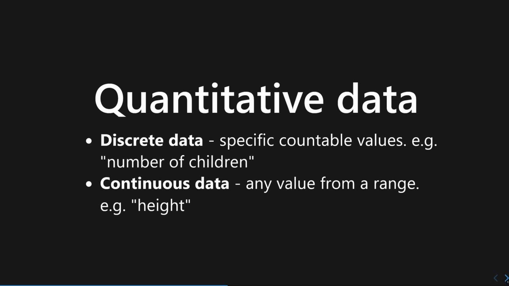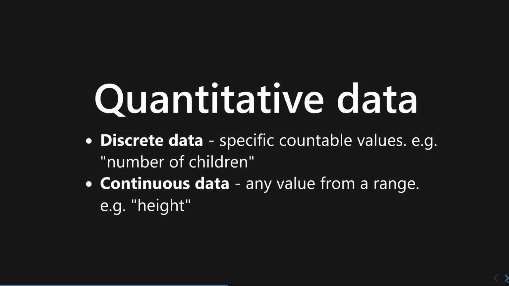Specific examples of quantitative data would be age, income, measurements, length, duration, etc. And quantitative data can appear either as discrete data or continuous data.